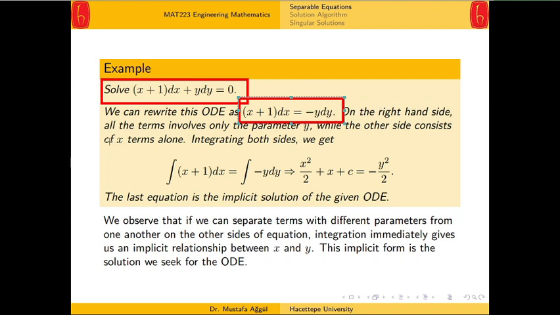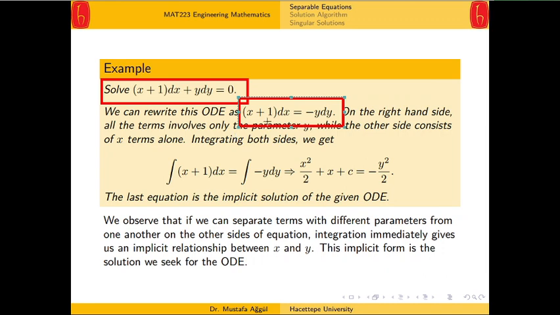As you can see here, the right hand side consists of only the y terms, and on the left hand side we have only the x terms.